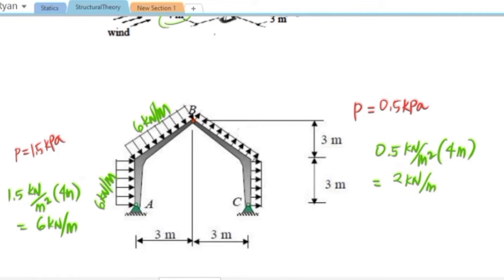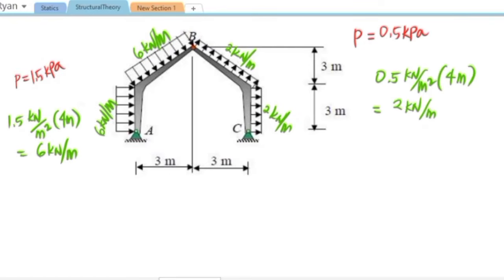So meaning yung magnitude ng uniformly distributed load on the leeward side is equal to 2 kilonewton per meter. So we will assume that this is the direction of AY and this is AX, and CY directed upward, CX is directed to the left.